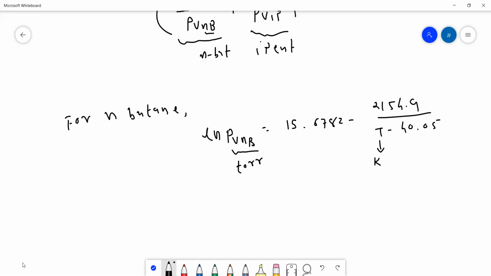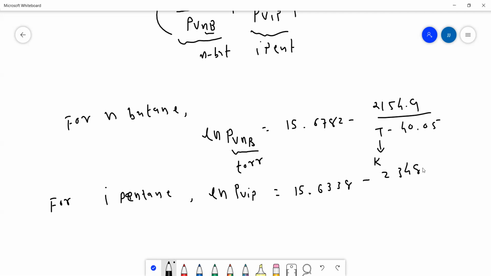And for I-pentane, we write ln of the vapor pressure of isopentane is equal to 15.6338 minus 2348.67 divided by T minus 40.05.